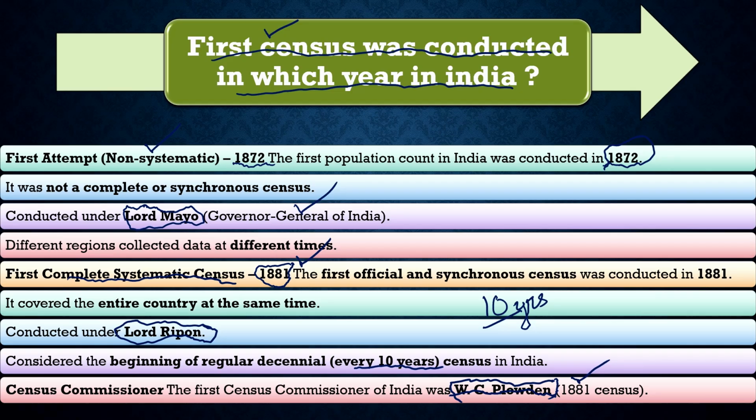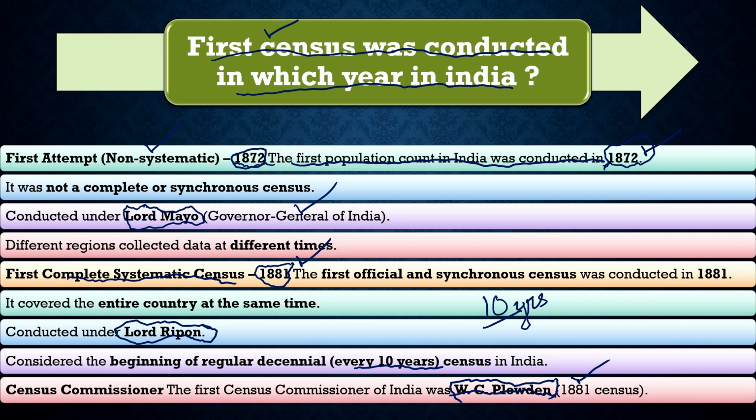First attempt, non-systematic, was 1872, and the first population count in India was conducted in the year 1872, and it was not complete and conducted under Lord Mayo, Governor General of India.